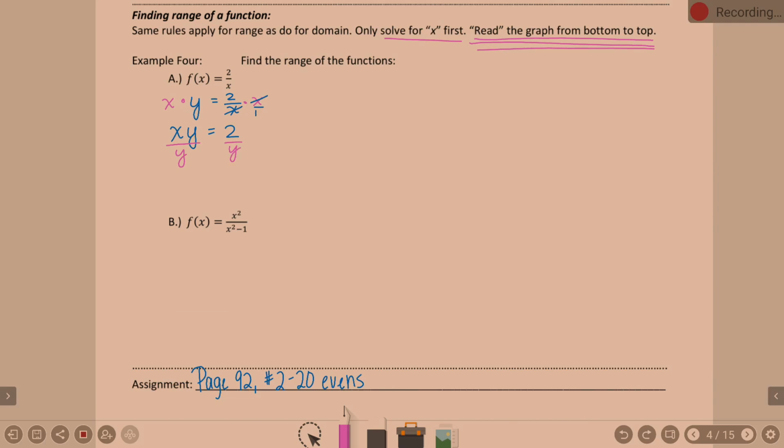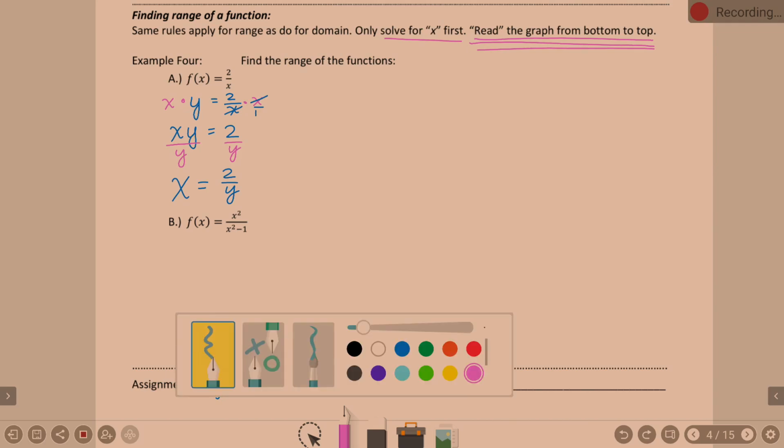We end up with the equation x equals 2 over y. Now, that one's an easy one, could you very easily solve that one? Yeah. That's why I'm willing to do it on this one. They're not always easy to solve for x, and that's where we'll talk about reading the graph more. But, okay, go back to this one.